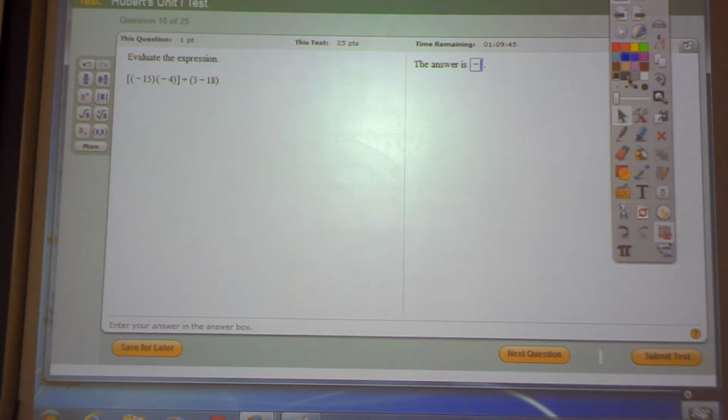Because unlike signs give a negative. You got a positive divided by a negative. Now, what is 60 divided by negative 15? Negative 4. So your answer is negative 4. Now you could have easily canceled out the negative 15 and the negative 15 here and got negative 4. Could have done that also.